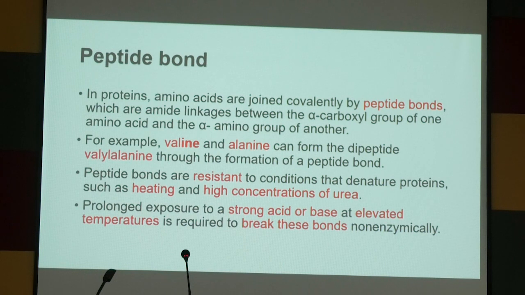Hydrogen bond, van der Waals forces, electrostatic bond. But the peptide bond cannot be broken by just heating. To break these peptide bonds, we need strong acids, and we have to heat it for a long time.